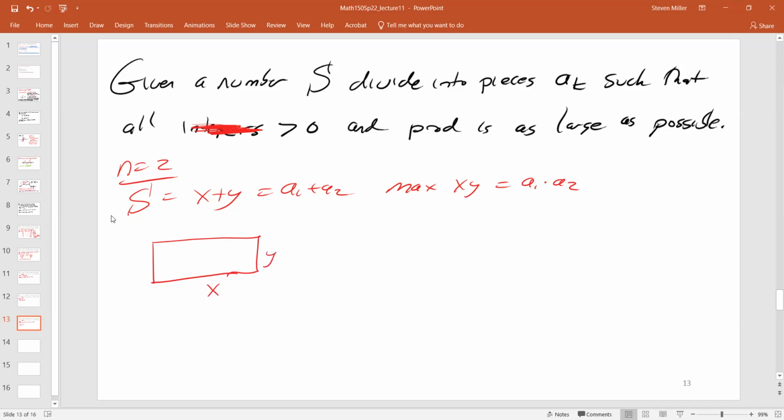Here's x, here's y. So the semi-perimeter S equals x plus y is fixed. Maximize the product. How do you maximize the product?